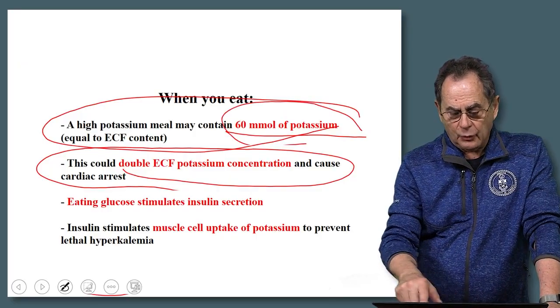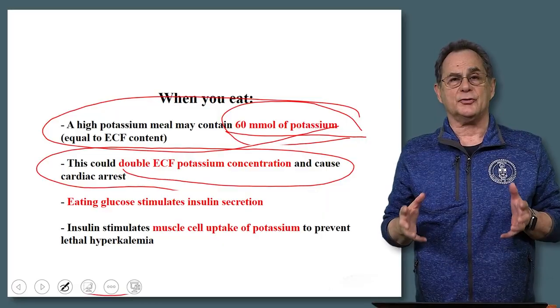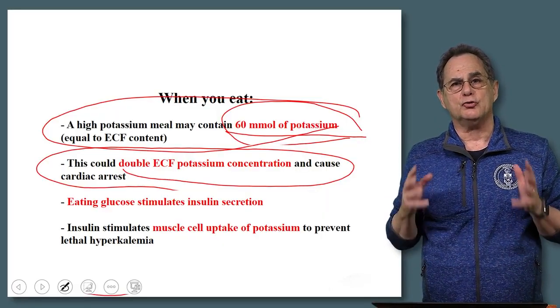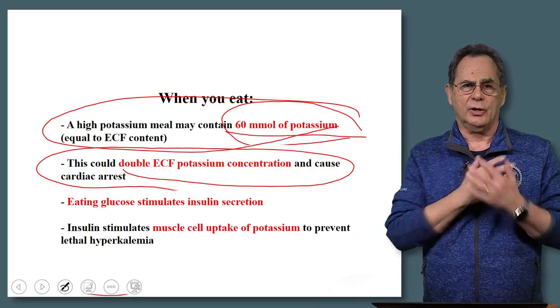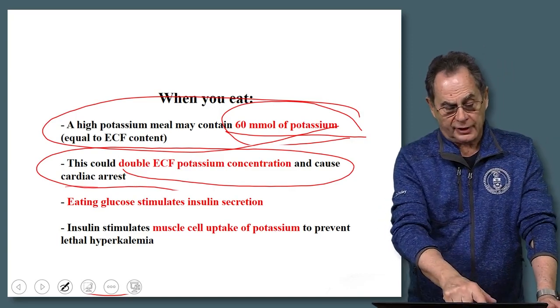So if you ate 60 millimoles of potassium in a single meal and it just sat in the extracellular space, then you'd have a big problem because you would double the concentration of potassium. It would go from 4 to 8, you would have a cardiac asystole, and you would die. And that's the cardiac arrest.